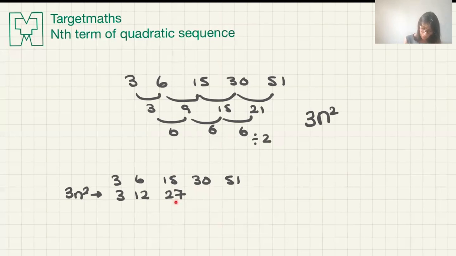So why and how was that 27? The rule is 3n squared. 27 is position 3, 1, 2, 3. So it's position 3. So my n is going to be 3. 3 times 3 squared is, obviously 3 squared is 9, times by the 3 is 27. So that's where that came from, just in case you weren't sure.